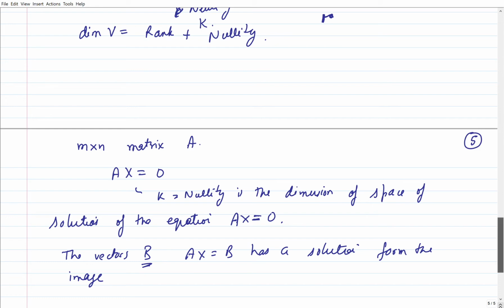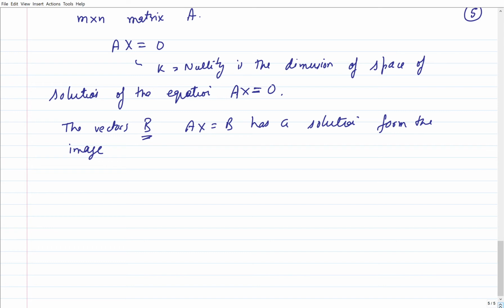So for example, what happens? Consider the matrix A and Ax equals 0, or we are considering the equation Ax equals B, either the homogeneous or otherwise. What happens in the scenario when A is an invertible matrix?